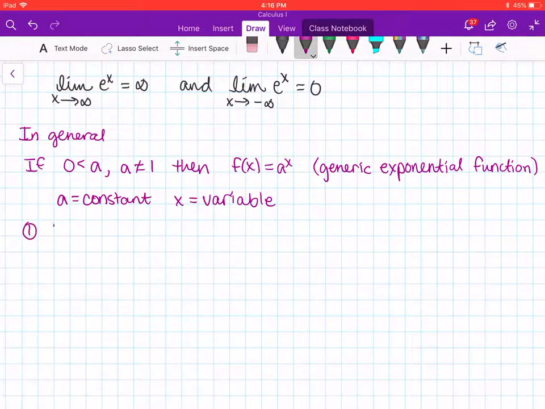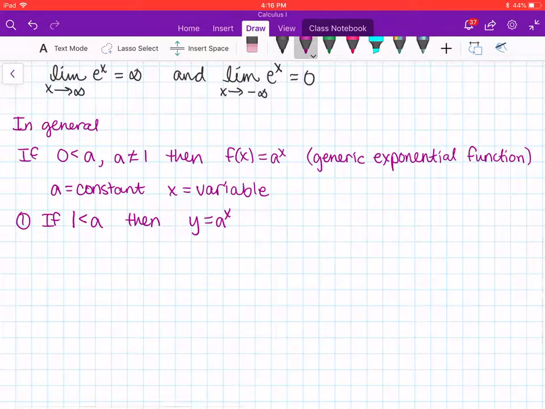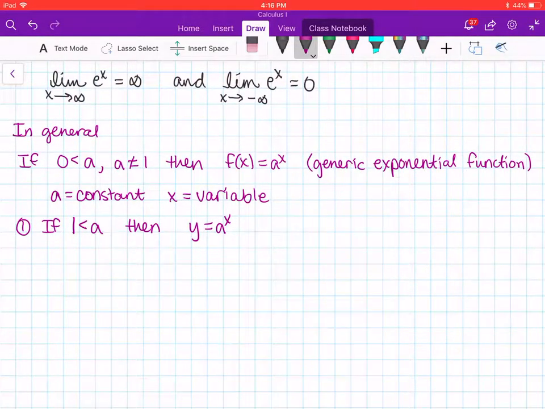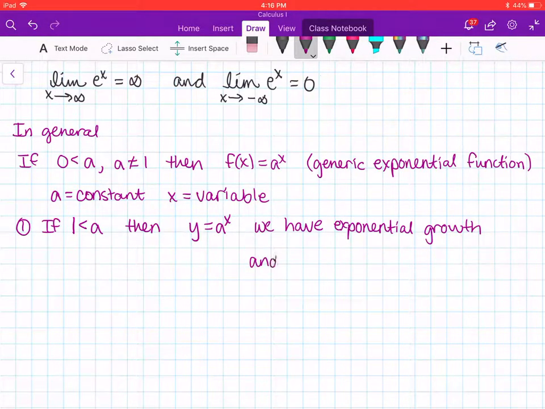Okay, number 1, if a is bigger than 1, then do you think we have an exponential growth or decay? It is going to be growth. And whenever we have exponential growth, the function is increasing.